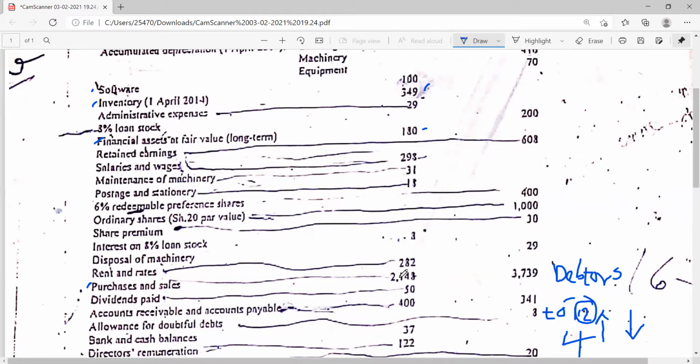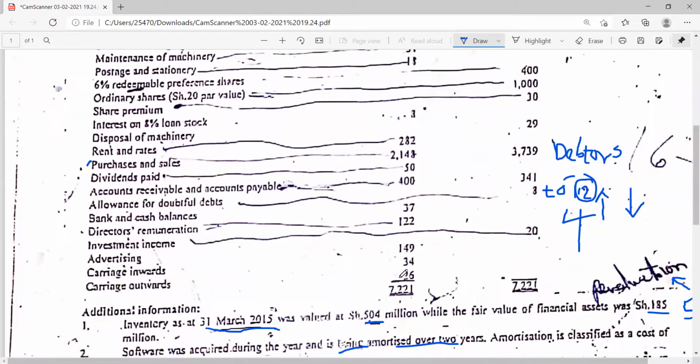Remember that once you purchase, you might have carriage inwards. After you purchase, you might have a carriage inward. So you can see we have a carriage inward. This one, you need to add to your purchases. After doing that, you less your closing stock, the one which was given in note 1.